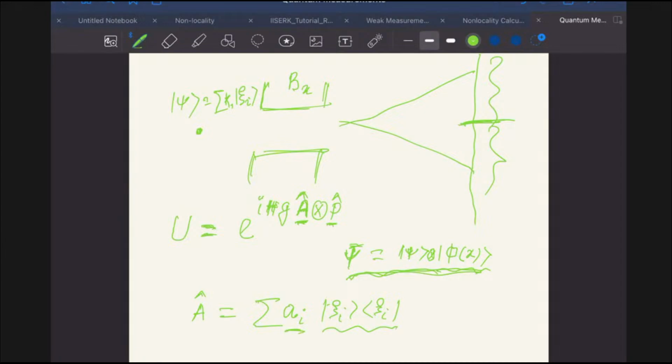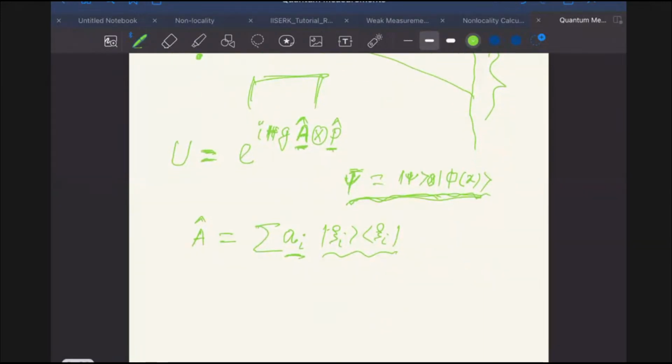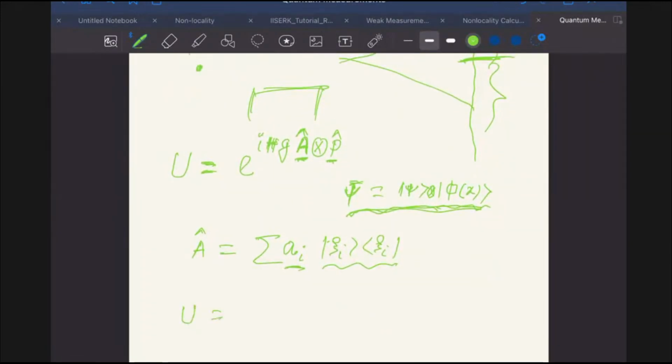If I put it into this unitary, then U can be written as e to the minus iHG, with A replaced by this sum of a_i |a_i><a_i|, tensor the P operator. And if you write it explicitly, let me also write it.